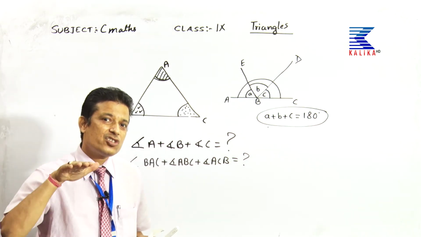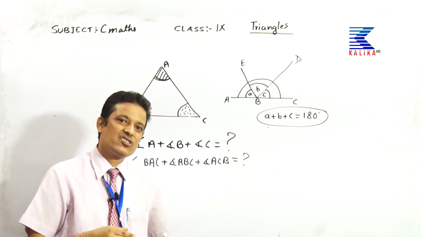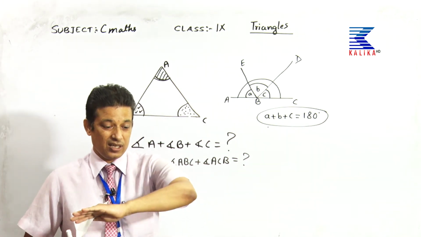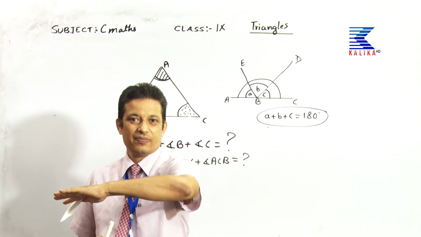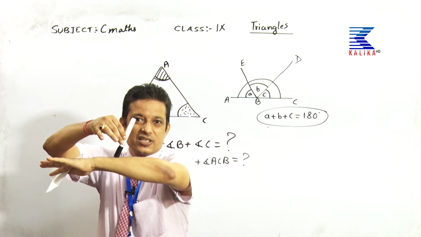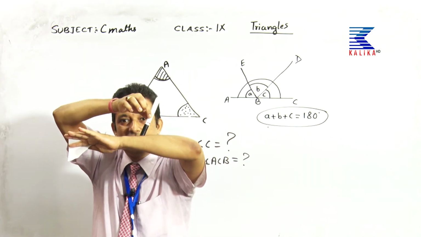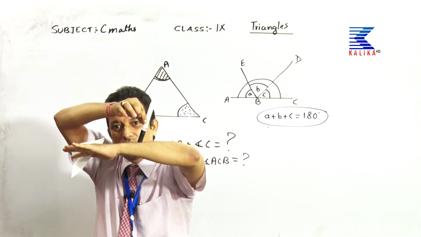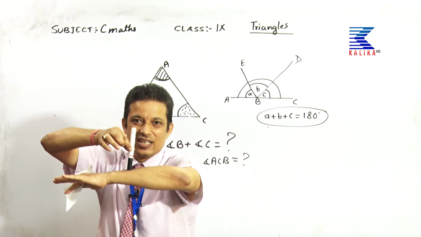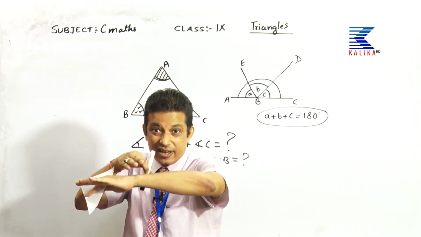The sum of all the angles formed in a straight line always gives the sum 180 degree. Let us take my hand as a straight line. Like this I put marker, you can see two angles are there, one this angle and one this angle. If you add these two angles, what should be the sum? Sum should be 180 degree. It is because this is a straight angle.